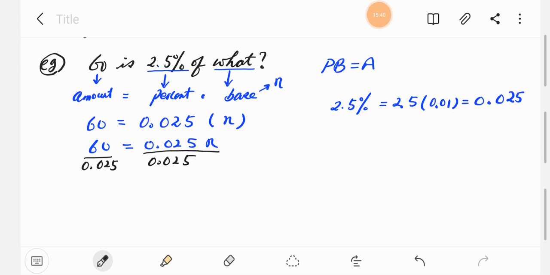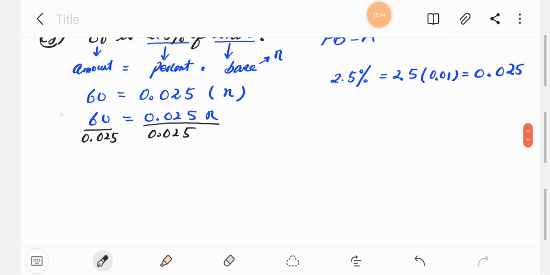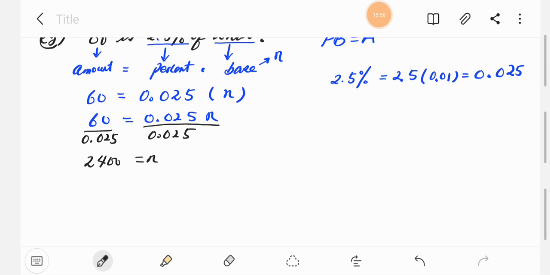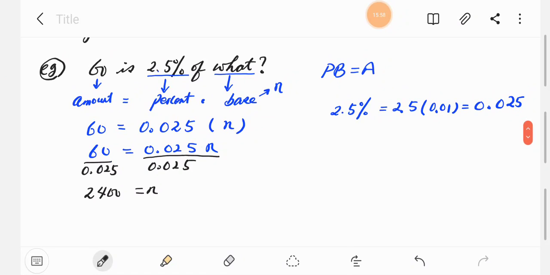Then use a calculator, or in this case you cannot use a calculator, so divide it by hand. This looks like 2,400 is equal to n. So the base is 2,400.